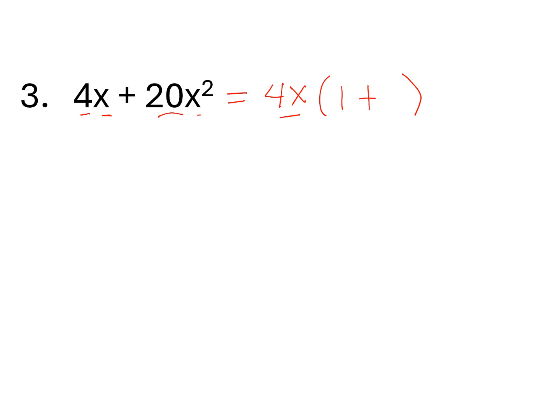That is positive 5x. Okay. Therefore, the factored form of the polynomial 4x plus 20x squared is 4x times the quantity 1 plus 5x.